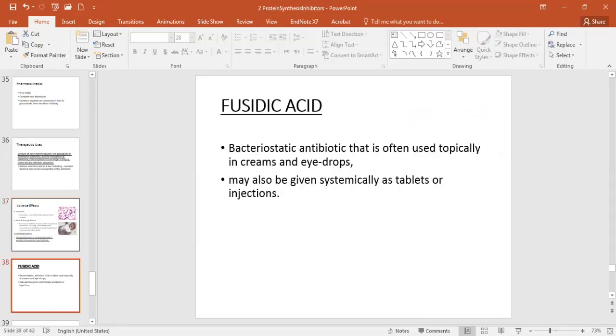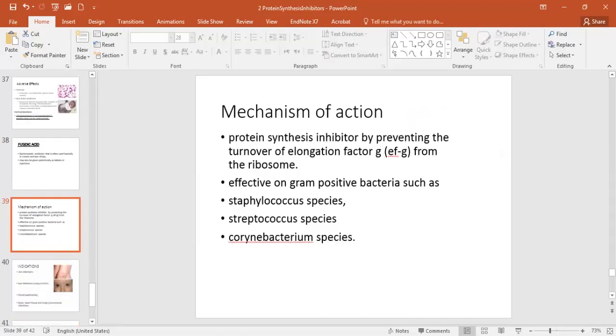Now let's move on to fusidic acid. This is a bacteriostatic antibiotic that is often used topically in creams and eye drops. It is mostly used topically. It may be given systemically as tablets or injections.